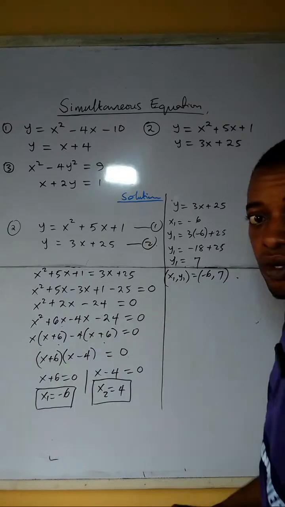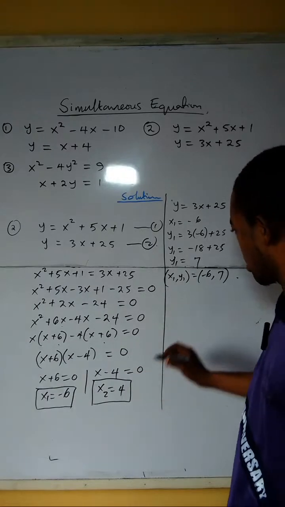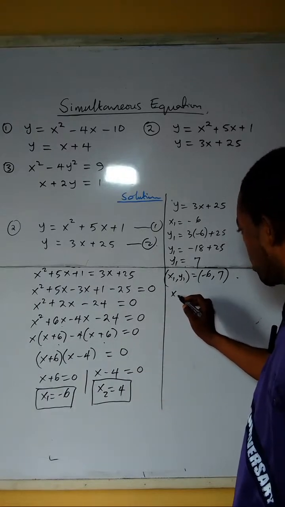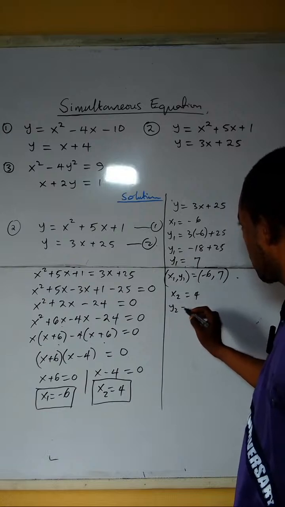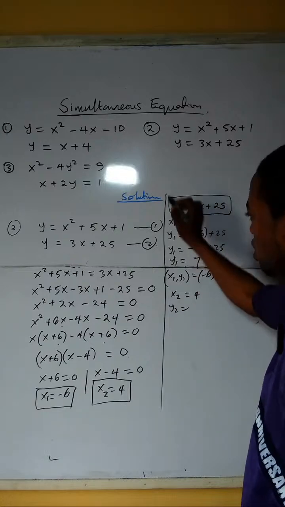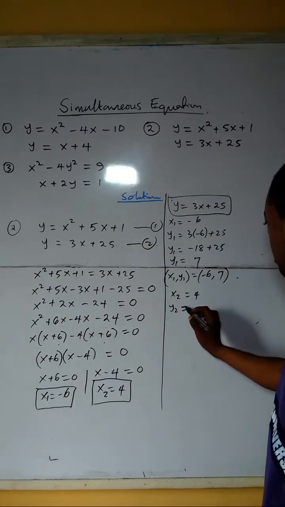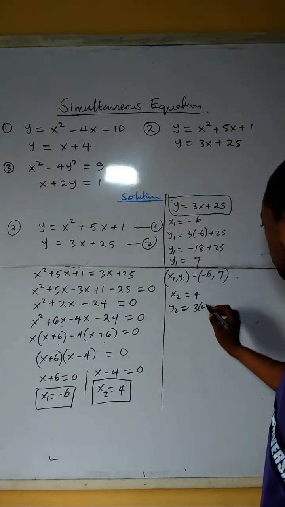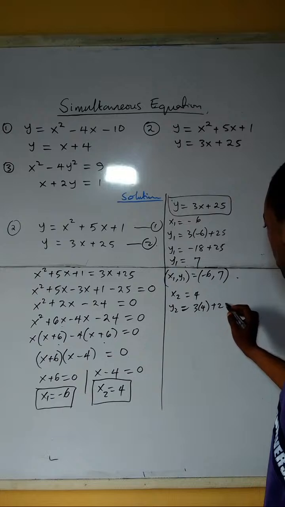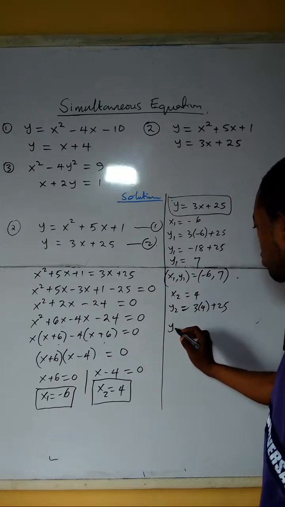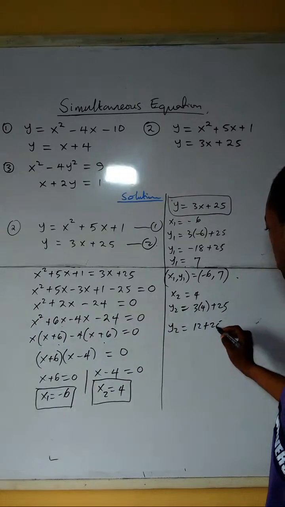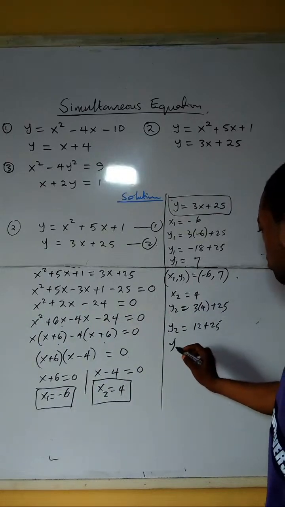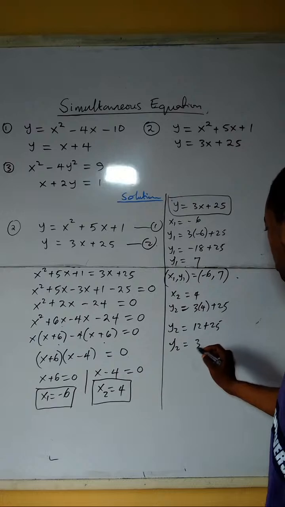Then also, to get y2, when x is equals to 4, that is y2 now, using this same equation 2, becomes 3 times 4, then plus 25. That is, y2 now equals to 3 times 4, that's 12, plus 25, which gives us y2 equals to 37.